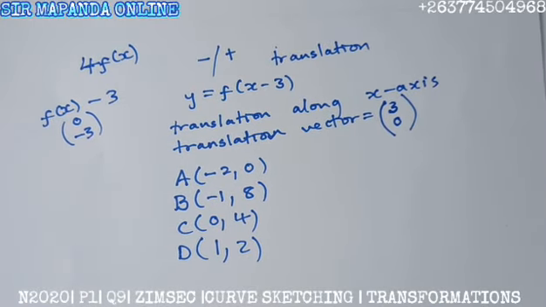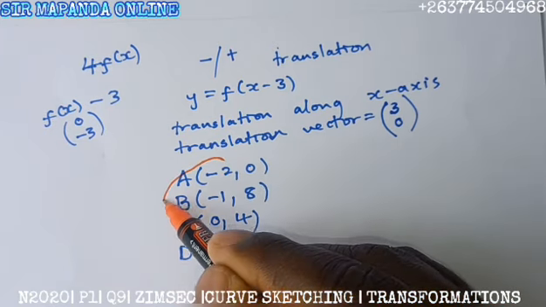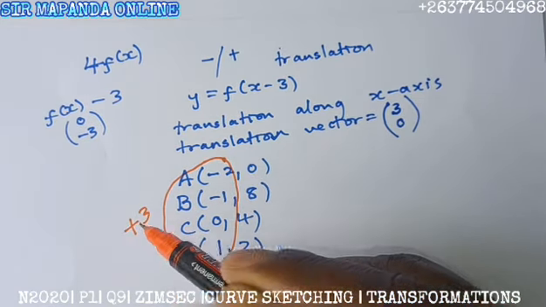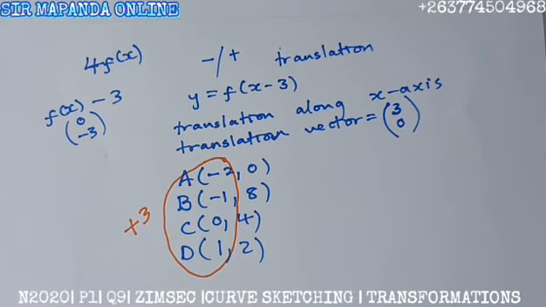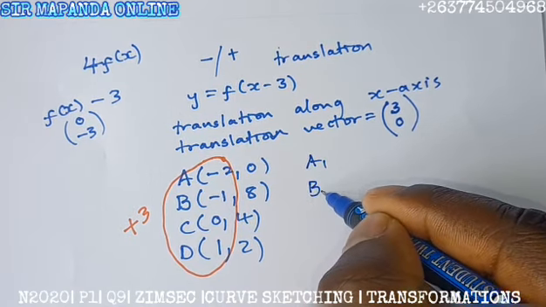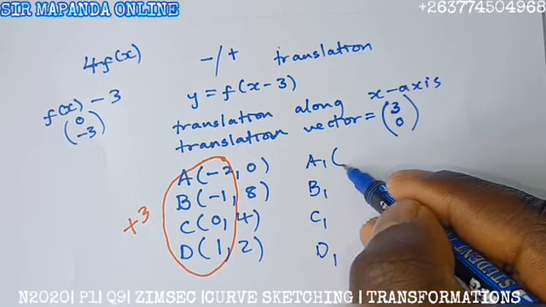It means all the x coordinates are going to be added by 3, whilst the y coordinates remain the same. So these are the x coordinates here on the left. They are going to be added by 3, but the y are going to remain the same. So you get A1, B1, C1, and D1.